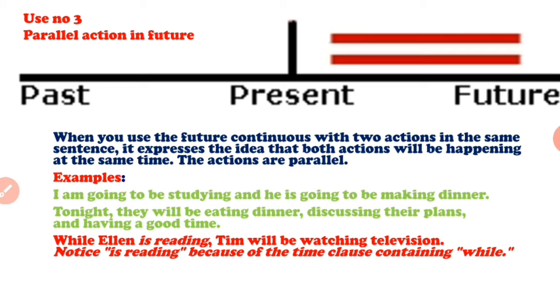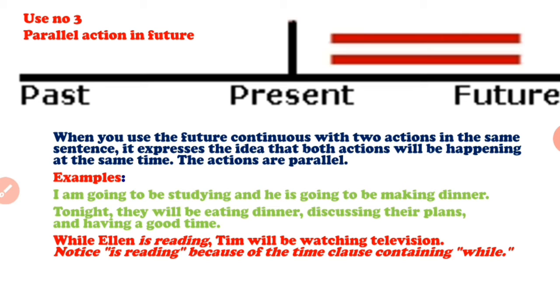While Alan is reading, Tim will be watching television. Notice is reading because of the time clause containing while. One more thing you can note here in the red, that's why I have made it red.